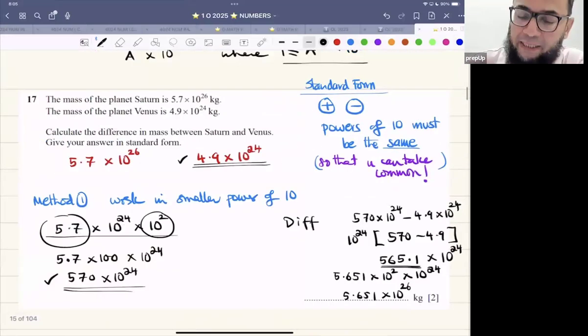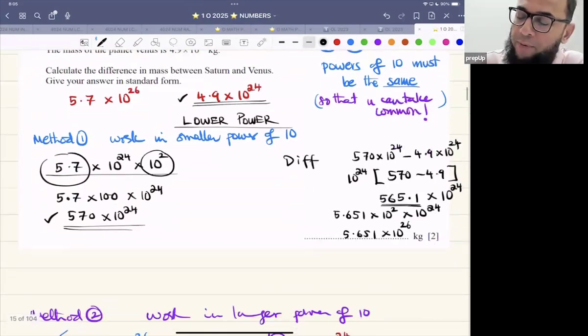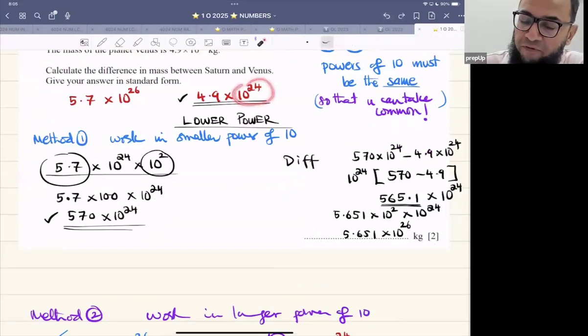Now let me start from the beginning. The first method is about working in smaller, lower powers. So this one is about lower power. When we talk about lower power, we fix this, that is 10 to the power 24. We work this out, 5.7 into 10 power 24.